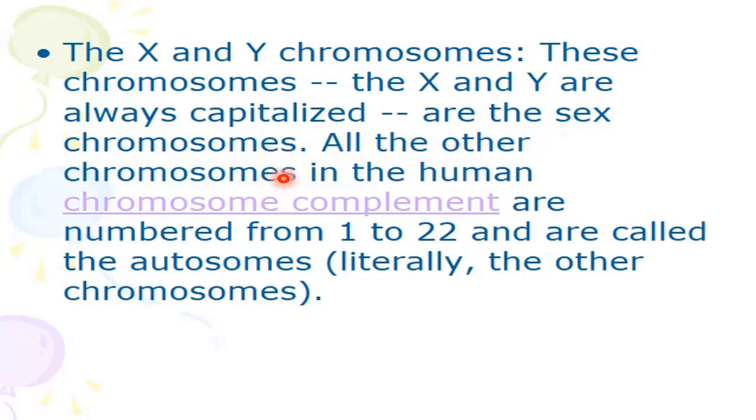All the other chromosomes in the human body, from 1 to 22, are called autosomal chromosomes or autosomes, while the 23rd pair is the sex chromosome, which is responsible for gender.